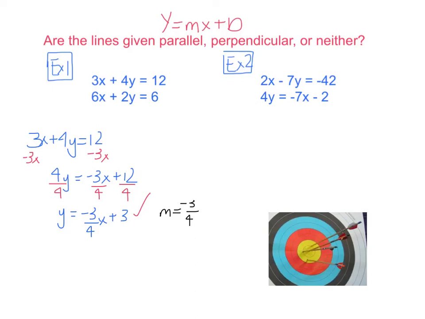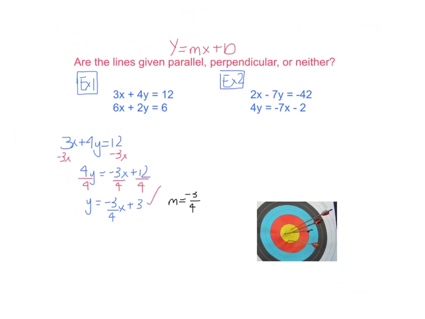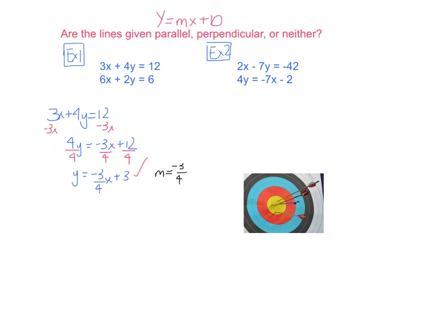Okay, now what? Well, I'm going to need a little bit of space. I'm going to squeeze down a little bit. So I've taken care of this equation. Well, you know what's next. Now I have to look at 6x plus 2y equals 6. Let's put this in slope-intercept form.